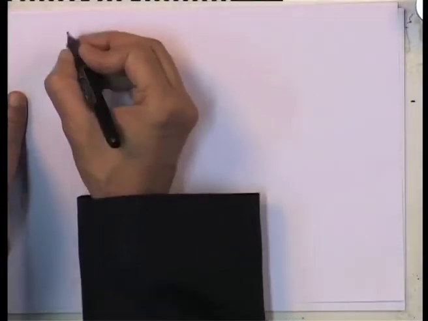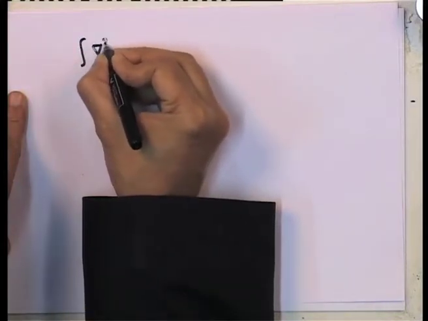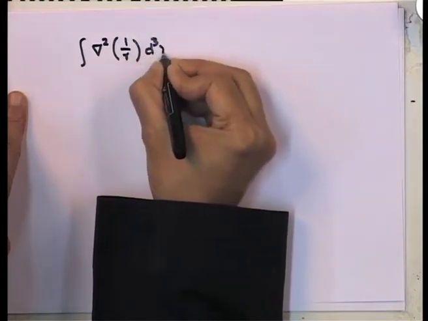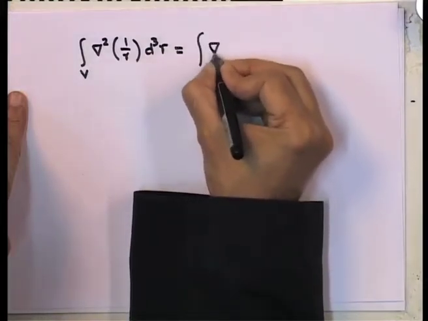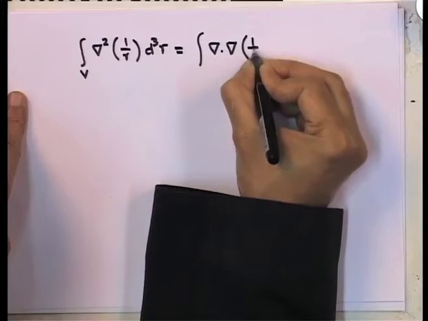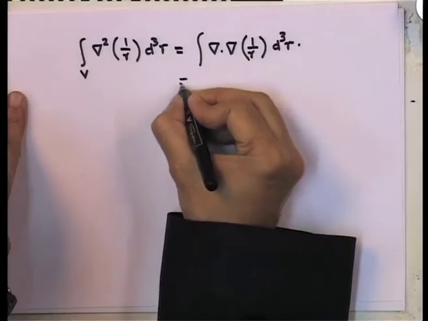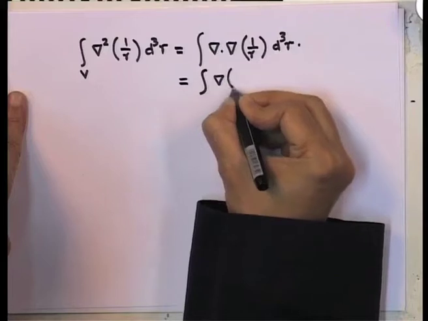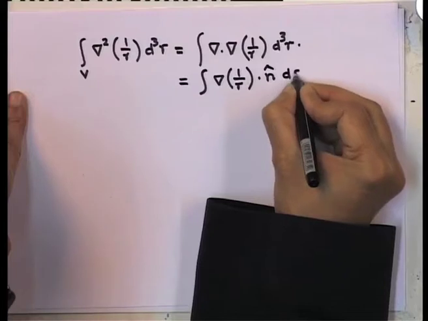What happens if r is equal to 0? Let us look at what happens to the integral of del square of 1 over r over the volume. I know del square is del dot del of 1 over r d cube r, and using the divergence theorem, this is simply the gradient of 1 over r dotted with the unit vector n ds.